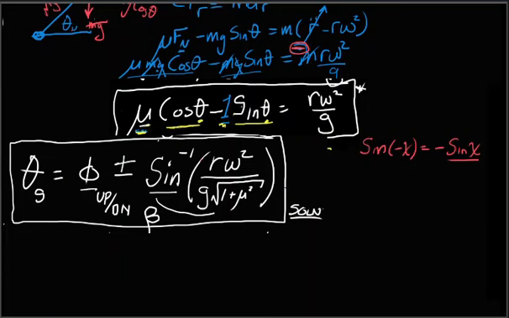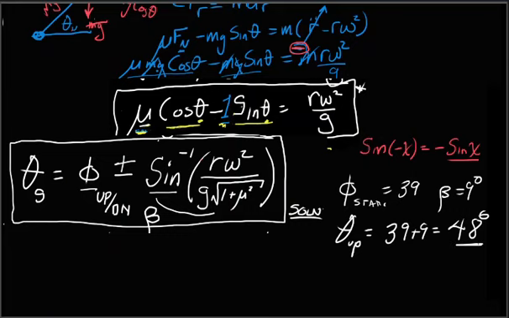Therefore, the numbers themselves won't change. We found before that static was 39 and beta was 9. So theta up the hill will be 39 plus 9, which will be 48 degrees.